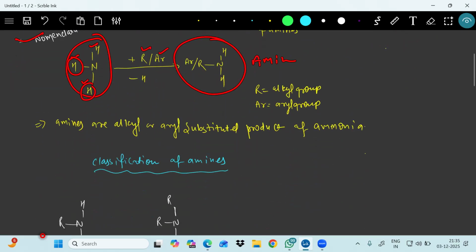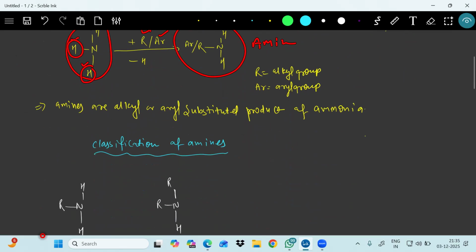Aliphatic means the nitrogen atom is attached to an aliphatic carbon chain, an open chain structure. There are two types of compounds in nature: aliphatic and aromatic. Aromatic compounds have a particular odour, like benzene, naphthalene, anthracene.